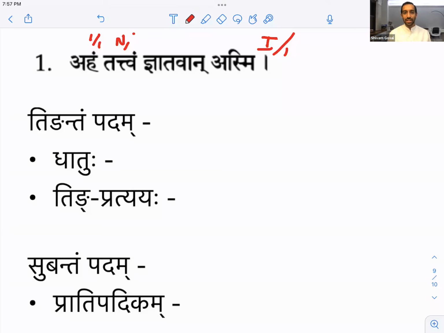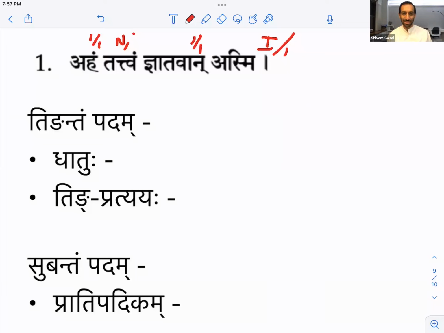Jnatavan. It's just like Bhagavan. So we know that it's going to be 1-1. Okay. So already we have a sense that there's more than one first case. But when we have asmi, then we always want to go for aham, right? Aham asmi. They go together.